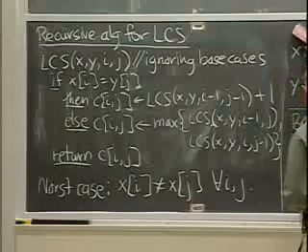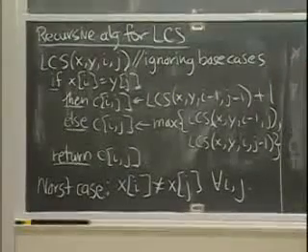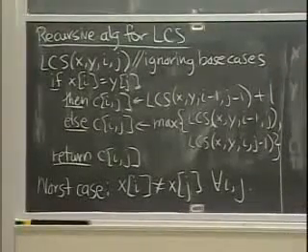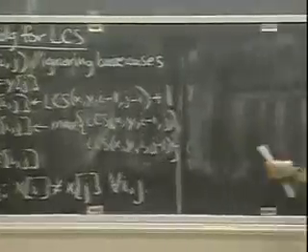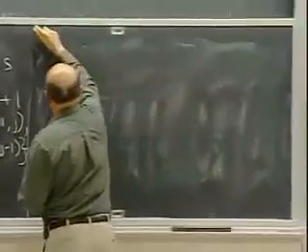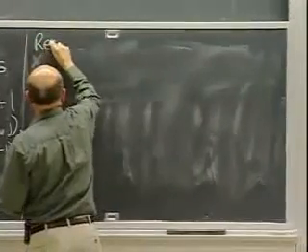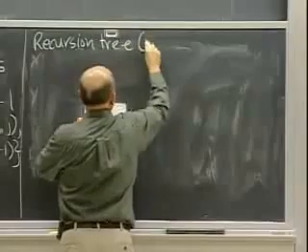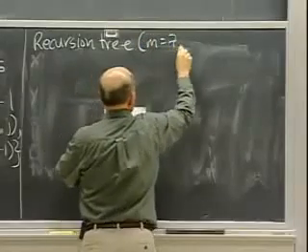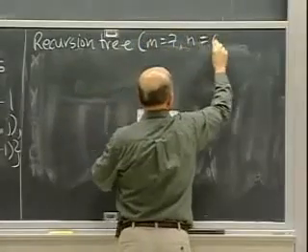So let's draw a recursion tree for this program to get an understanding of what's going on. I'm going to do it with m equals 7 and n equals 6.